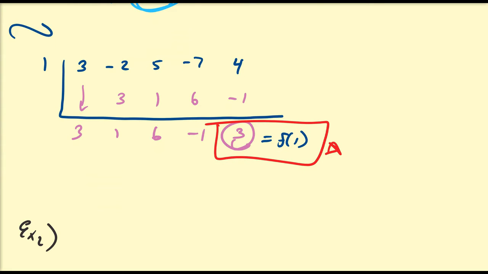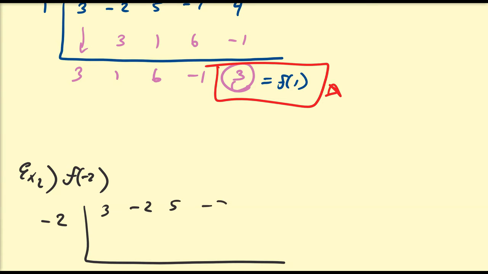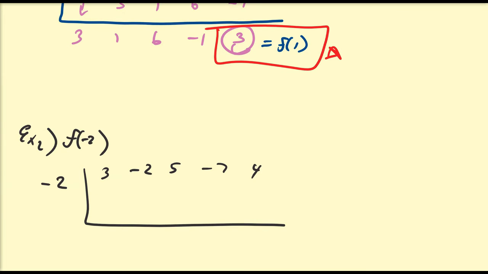So let's assume I want to find f of minus 2. I begin by putting minus 2 outside of my box, and the coefficients 3, minus 2, 5, minus 7, and 4. So, 3 comes down, and 3 times minus 2 is minus 6. Minus 6 plus minus 2 is minus 8.